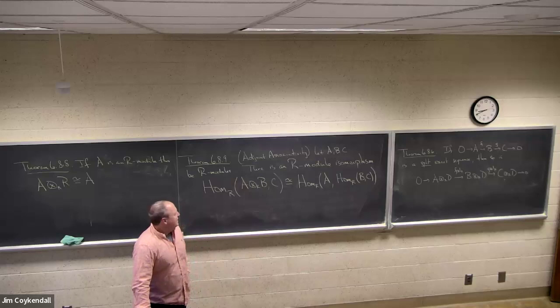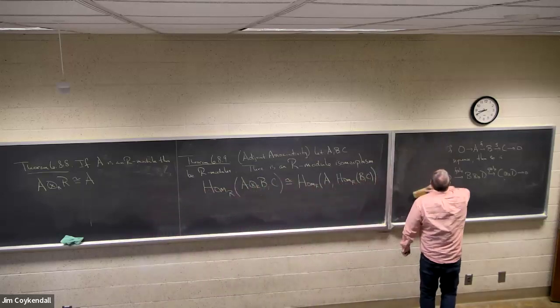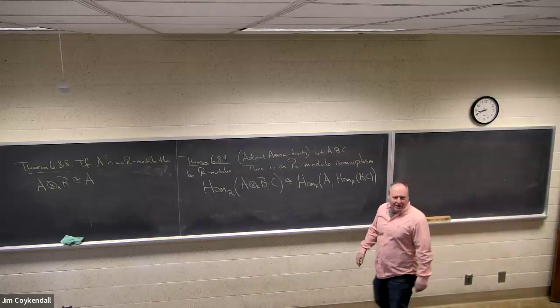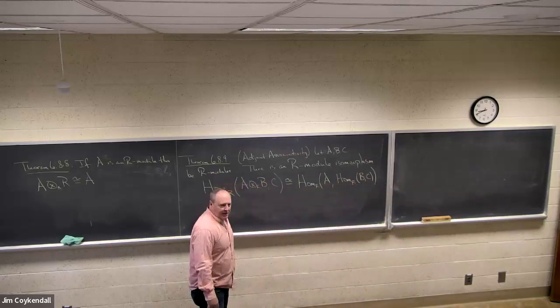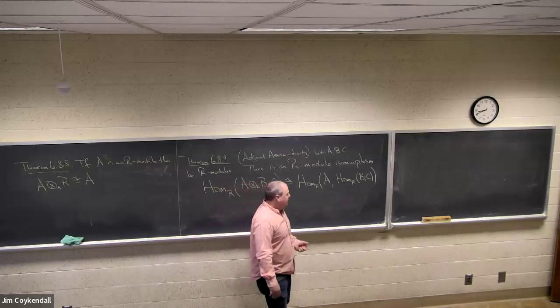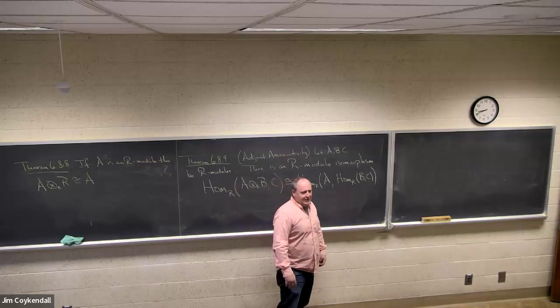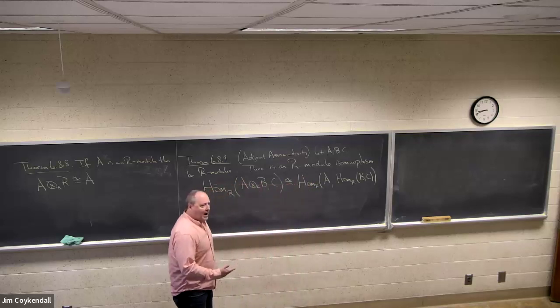This one I'm going to ask you to do in your homework. But this one's kind of funny to wrap your head around, right? Because what you need is a homomorphism from the homomorphisms from A tensor B to C to the homomorphisms from A to the homomorphisms from B to C, right? So it's an interesting exercise. Just think, how would you do this?